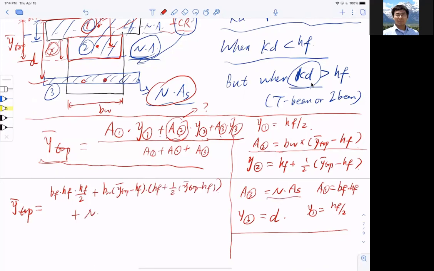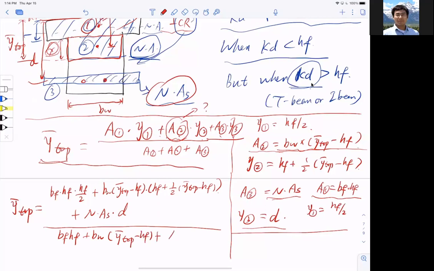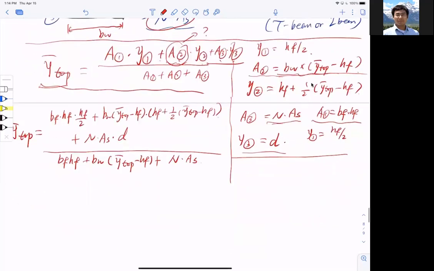A3 is NAS, and Y3 is simply D, the depth, and divide by the total area, which is BF HF, plus BW times y top minus HF, plus A3, NAS. This is long because it is symbolic. So this is the equation where you get the neutral axis.